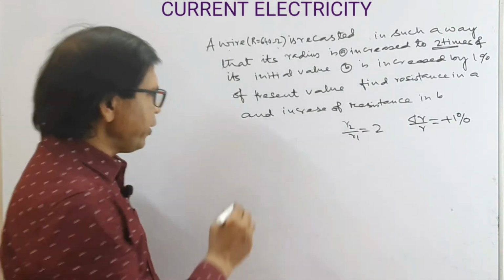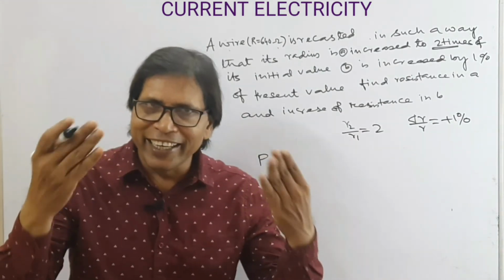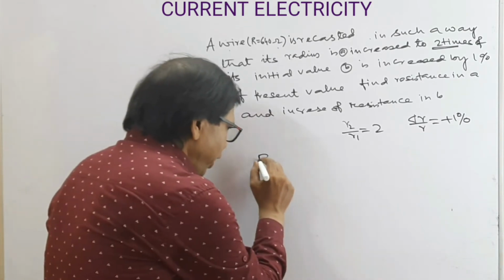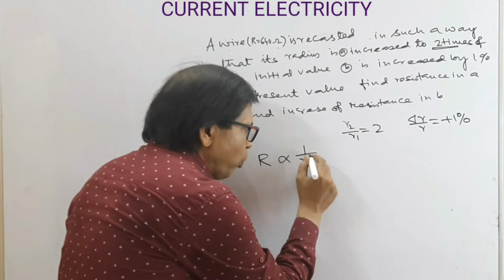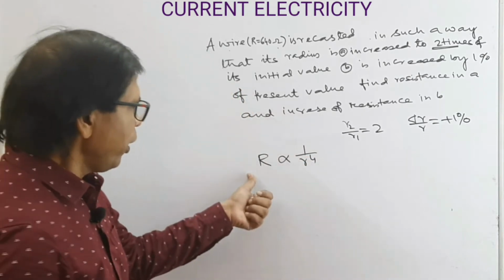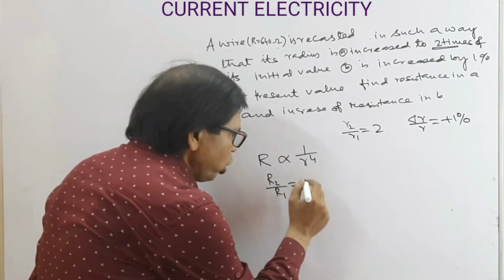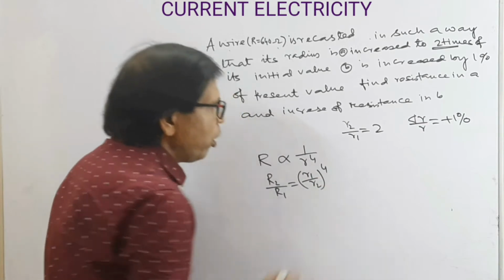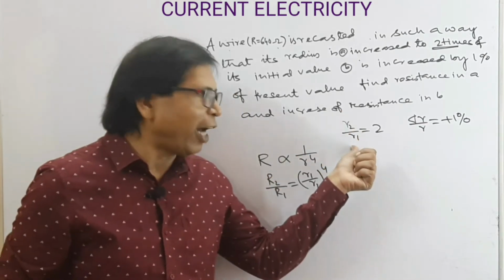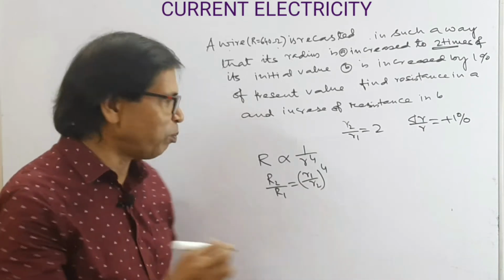Okay, now look at this. If a wire is recasted, then the variation of resistance with radius of cross section is proportional to R to the power 4. Now here R2 by R1 equals R1 by R2 to the power 4. Now here R2 by R1 is equal to 2, so R1 by R2 equals half.